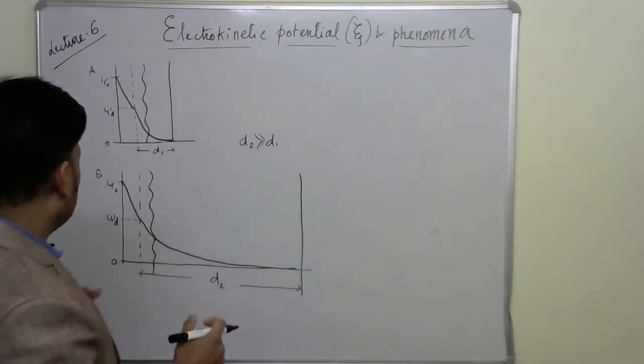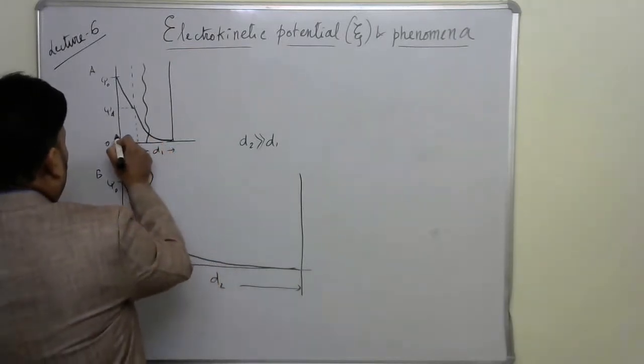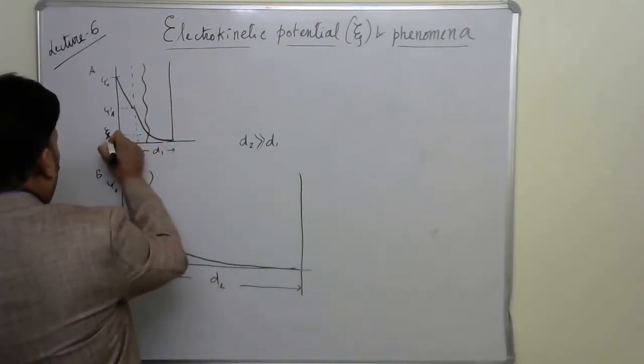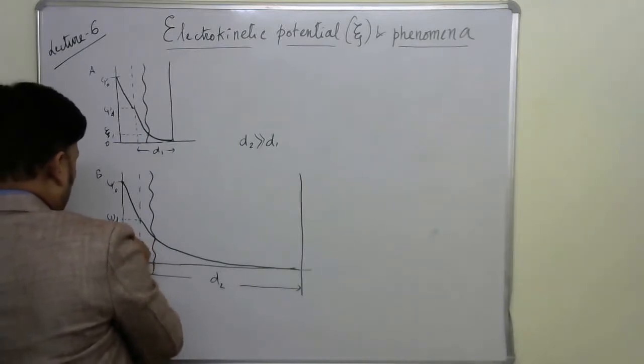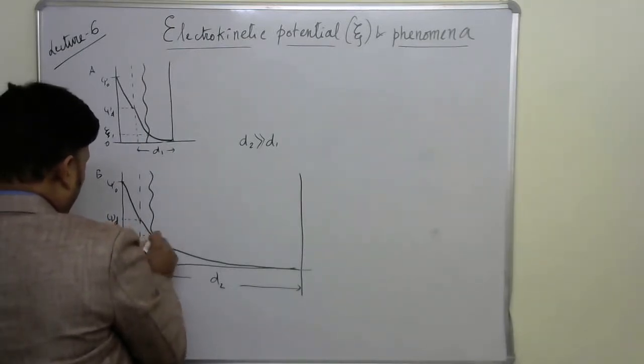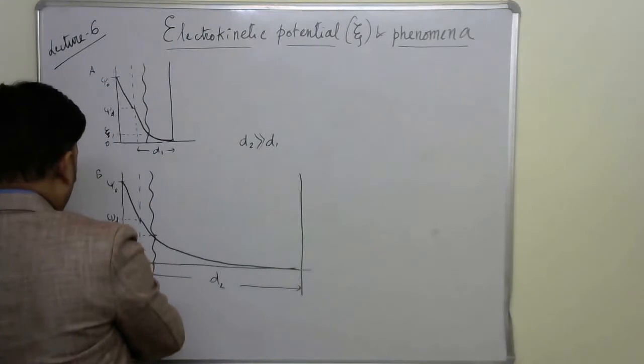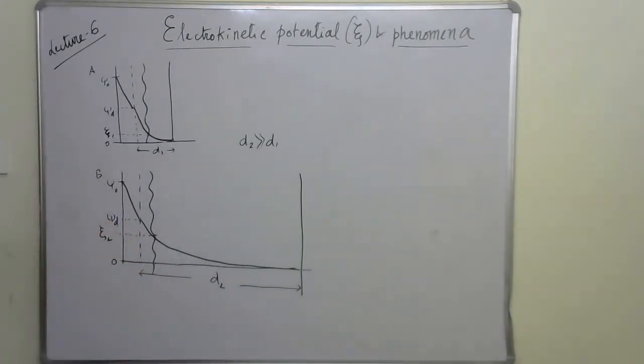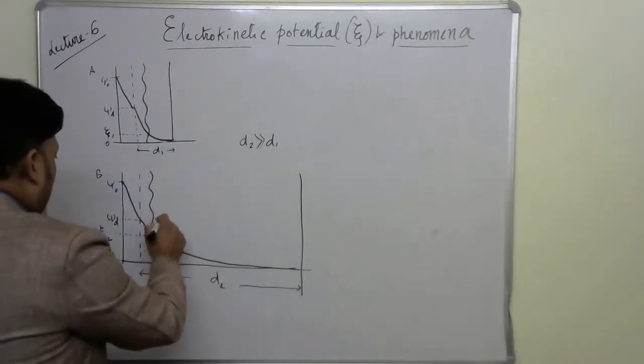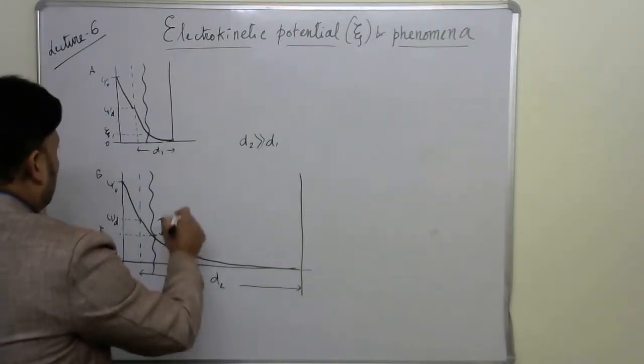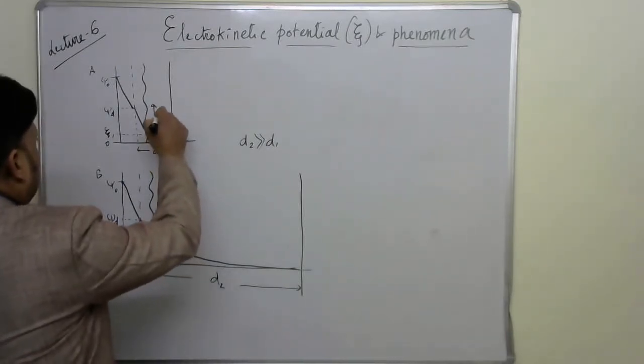Anyway, so what we see now is that here is my zeta potential zeta 1, and here, okay, in the next case it is my zeta 2, right? So now you see that zeta 1 is less positive than zeta 2, or in other words, the distance here, okay, so here the distance is delta 2 and here the distance is delta 1.